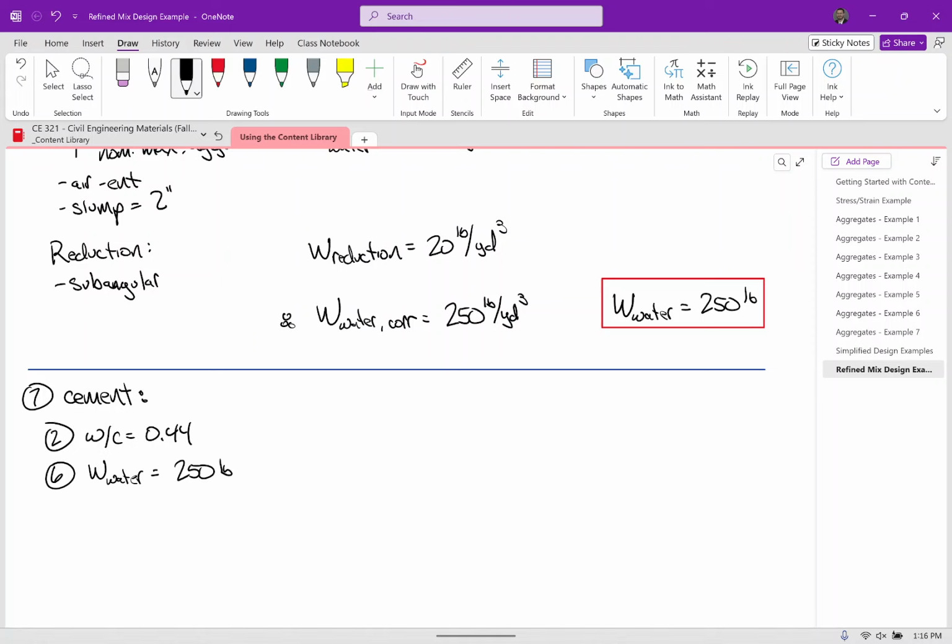Okay, so from step 2, we got that the water-cement ratio was 0.44, and we know that the weight of the water is 250 pounds. So therefore, it's pretty easy. What do we get for this?